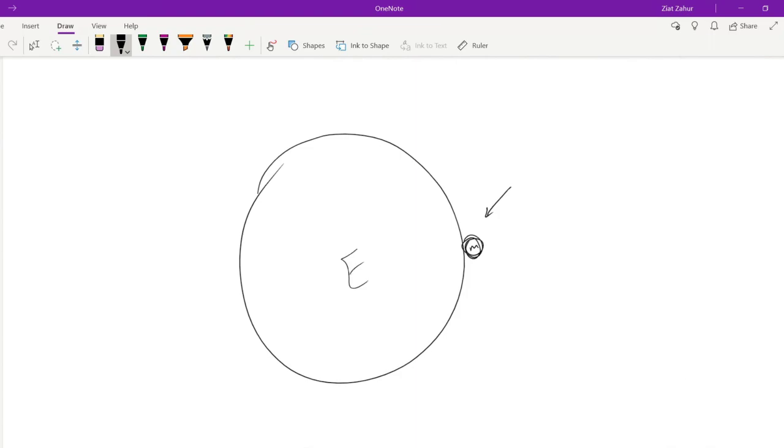Well, the amount of energy that you have, your potential, we'll call it UG. Your potential is negative capital G mass of the Earth times your mass divided by how far you are.